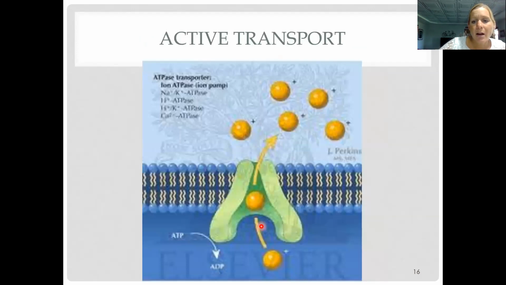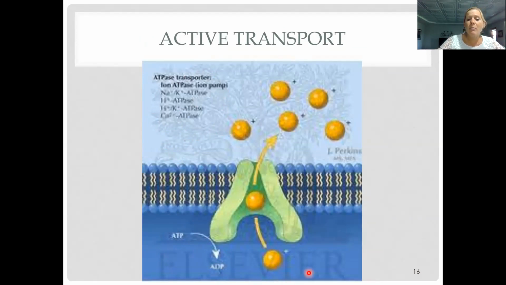Okay. Active transport. Again, sorry that my image is a little bit blurry. The key thing to note with active transport is that I have an energy requirement in order to allow this movement to occur. The energy is in the form of ATP, so I have to make an investment here.